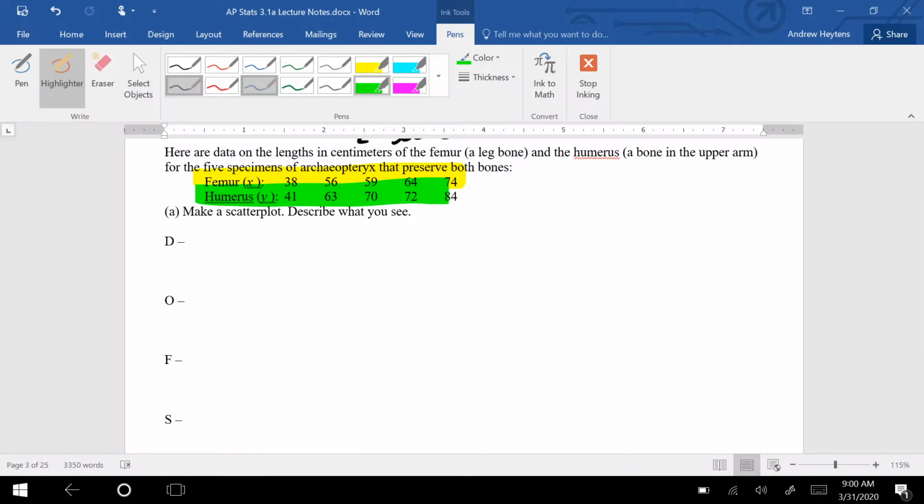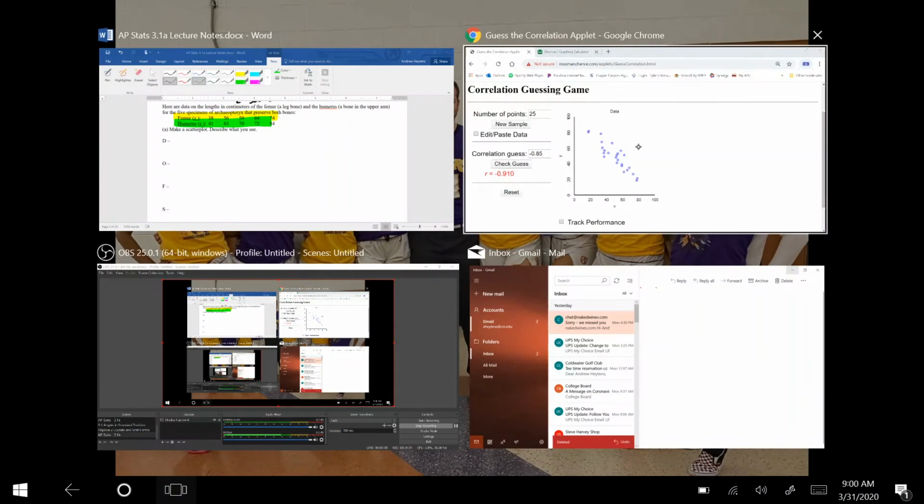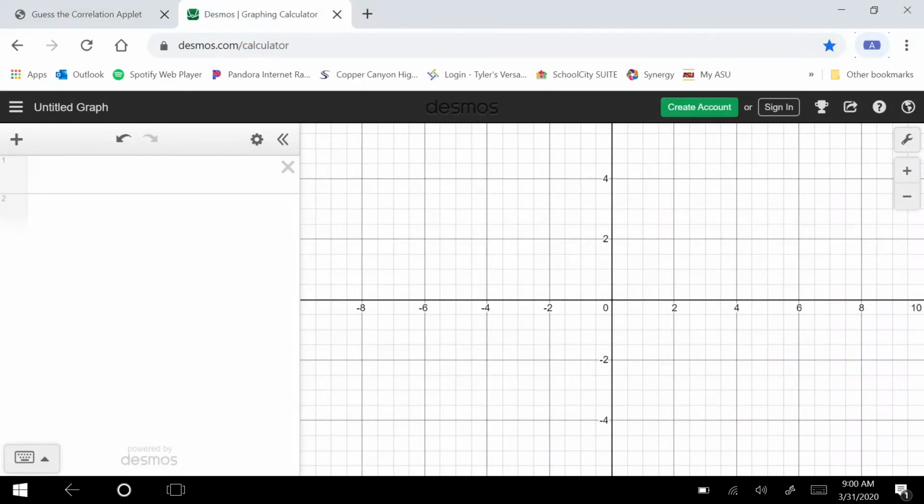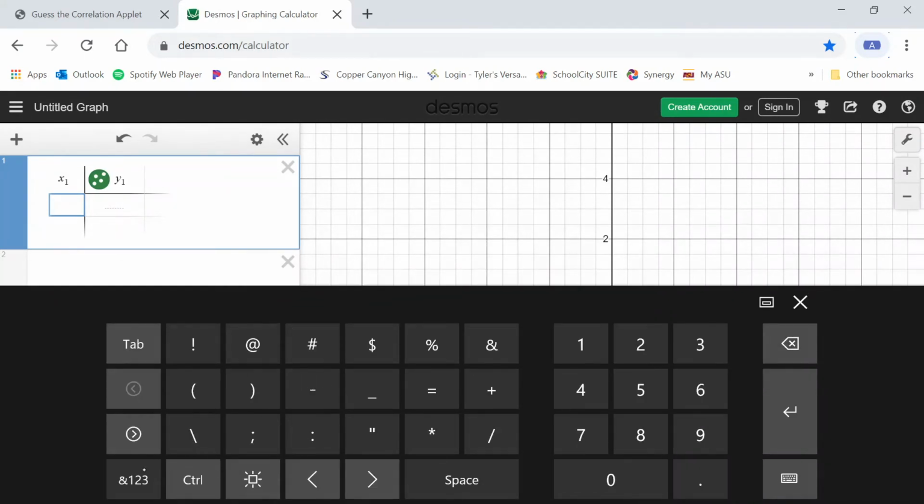So the first thing we're going to do is make a scatter plot. Again, remember we're going to try and do these in Desmos. I'm going to go to Desmos, and I'm going to insert a table. So go to your plus sign, go to table, and then enter your data. 38, 41 is my y coordinate, 56, 63, 59, 70, 84, 72.